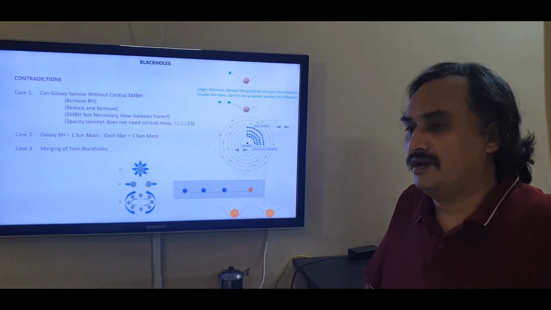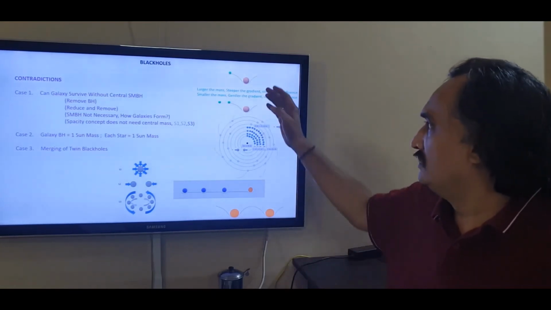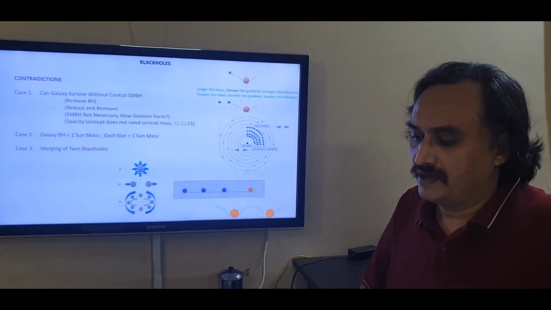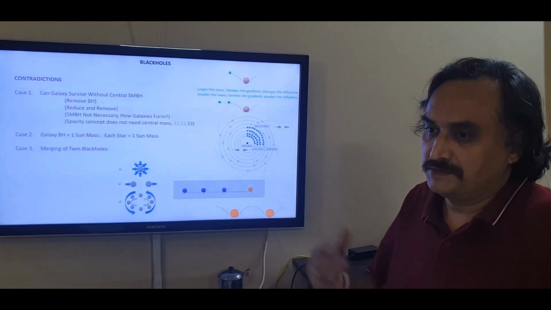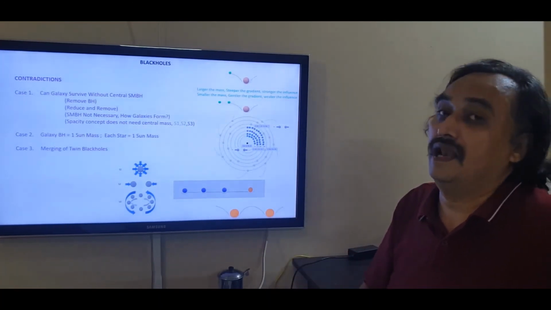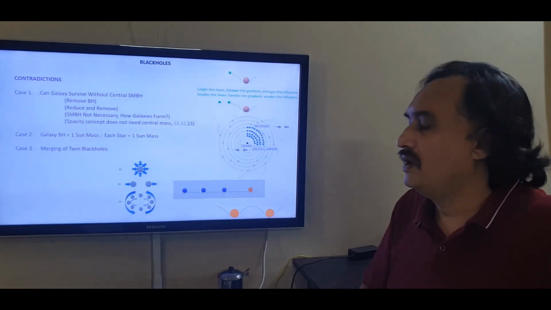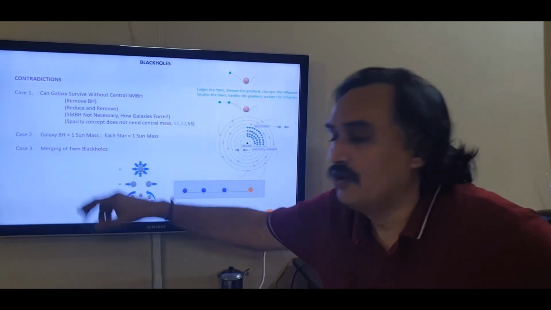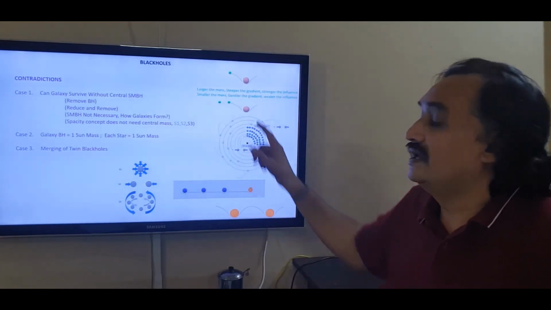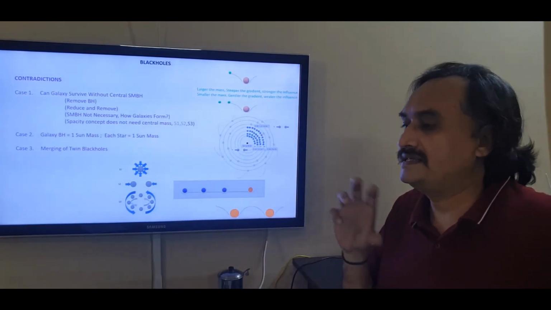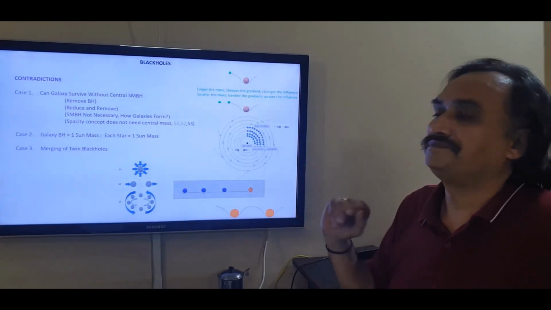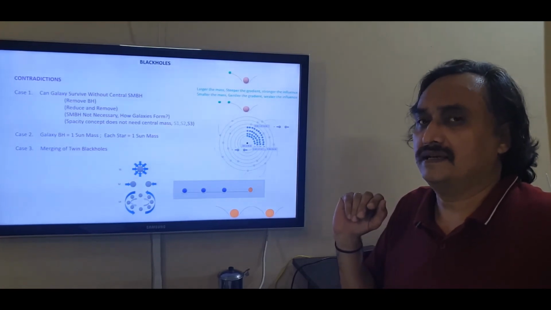Does the classical model of the universe, which is based on Einstein's general theory of relativity, of massive mass bending the space and the space guiding the smaller masses how to move around, allow for a model which has the black hole as one sun mass and each star equivalent to one sun mass? In the sense, any mass that is there is the same everywhere. What would happen in a classical model of the universe?